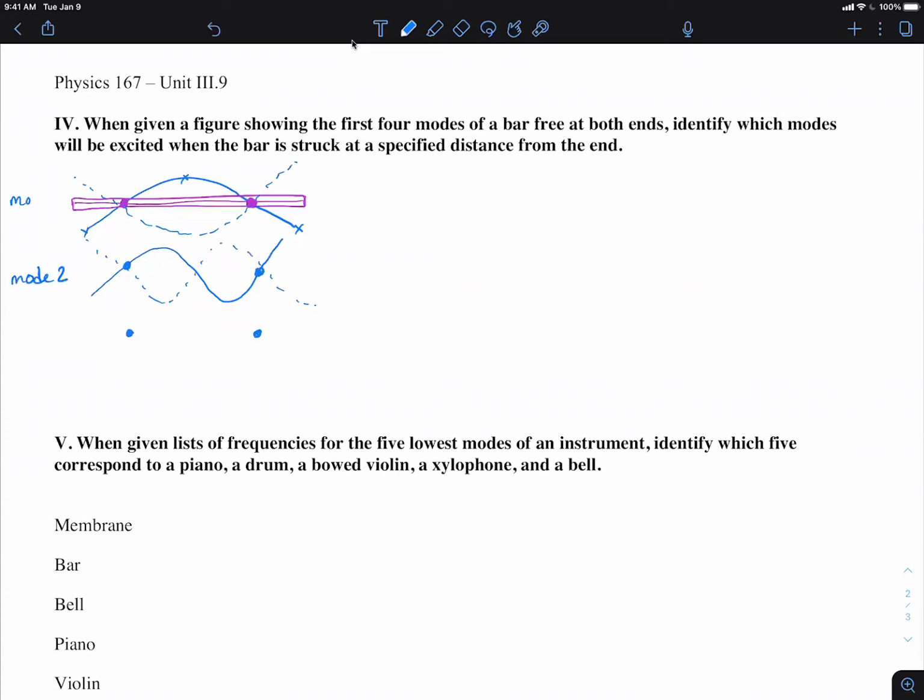This would be mode 1. And then mode 3 would go something like this. And then the alternating.